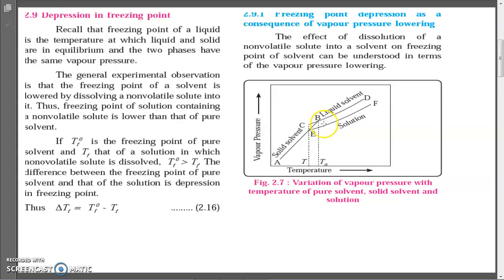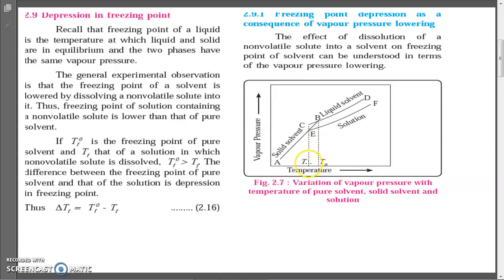Now we can see from the graph that the liquid solvent has the higher vapor pressure, meaning curve CD has the higher vapor pressure and EF, the solution, has the lower vapor pressure. The EF line is below and the CD line is above. We can say that the vapor pressure of the solution is lower than that of the liquid solvent.